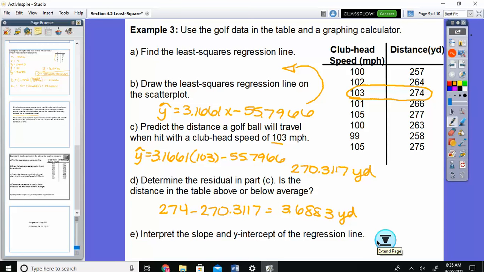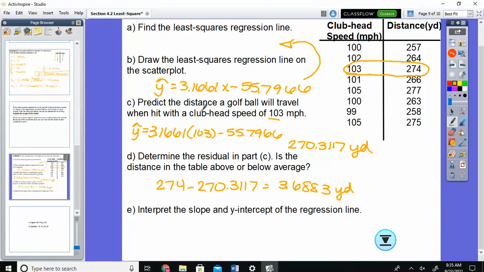I might ask you to interpret slope and y-intercept. So that's just, what does your slope mean? What does your y-intercept mean? Think about slope. It's change in y over change in x. So y was in yards, x was miles per hour.